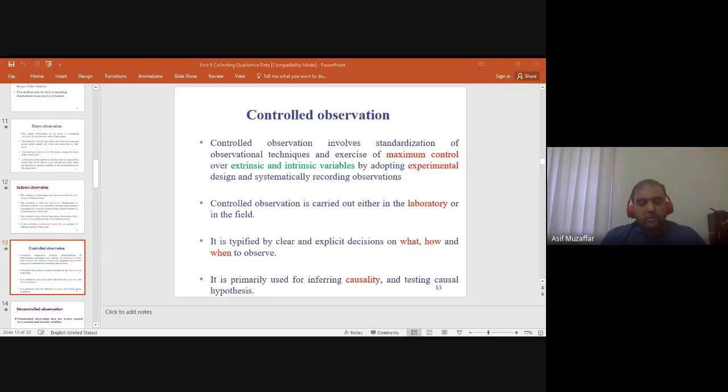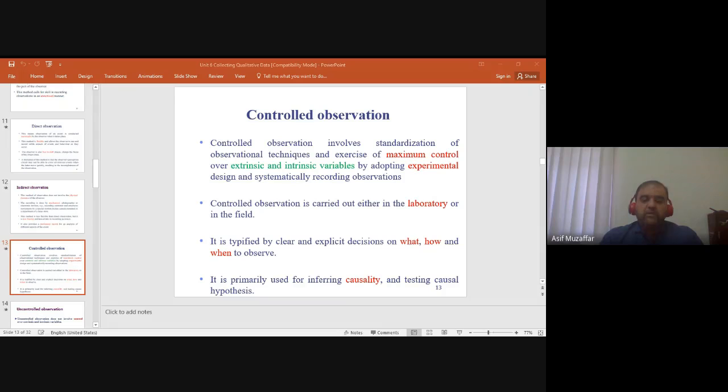Controlled observation would be the one in which you can control maximum extrinsic and intrinsic factors. If you can control most of these factors, you will call that observation or experiment a controlled experiment or observation.